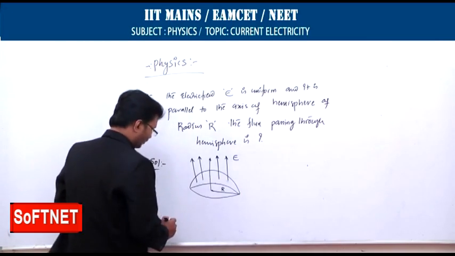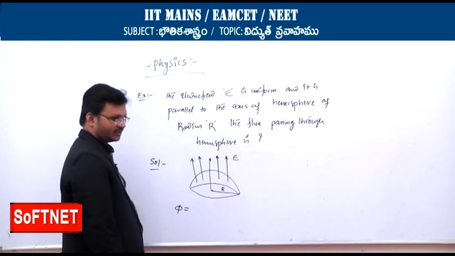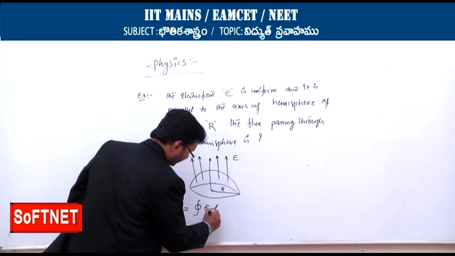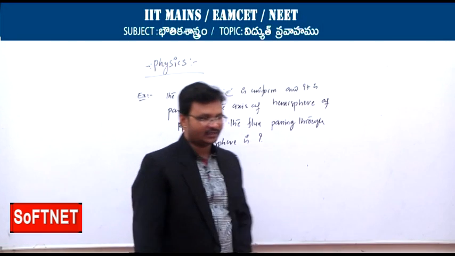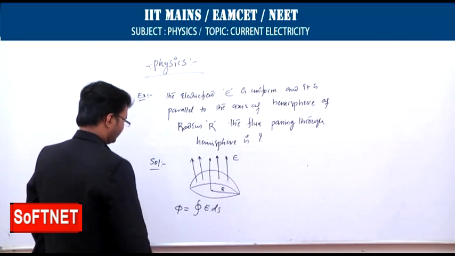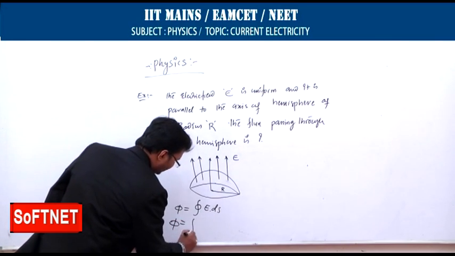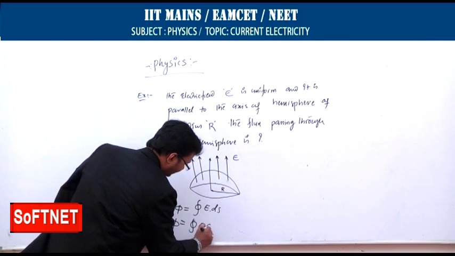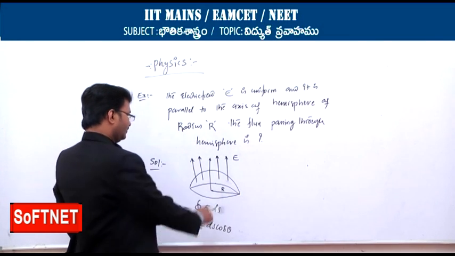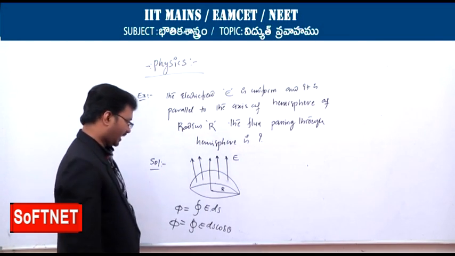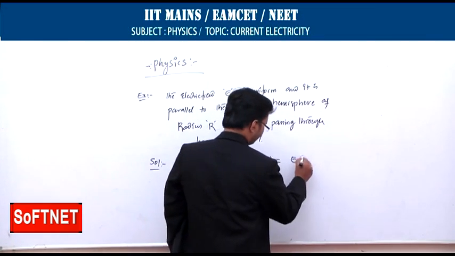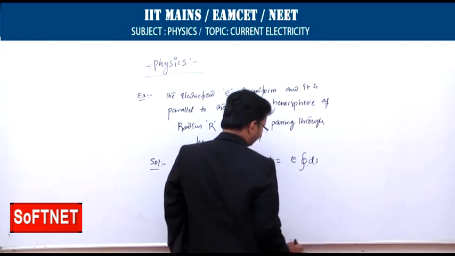The flux formula we already know. What is that? Total flux phi is equal to the integral of E dot dS. Phi is equal to the integral of E dS cos theta. Here theta is 0 degrees because the surface area vector and the electric field are parallel to each other. Then phi is equal to the integral of E dS.